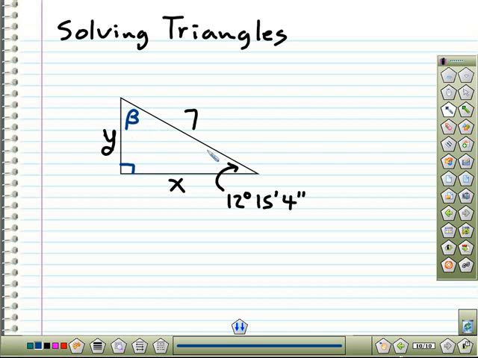So since beta plus this angle has to equal 90, how would you solve that? 90 degrees minus this angle, yeah, that's right.